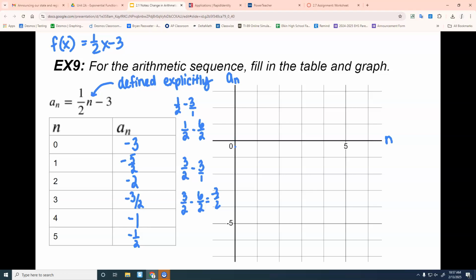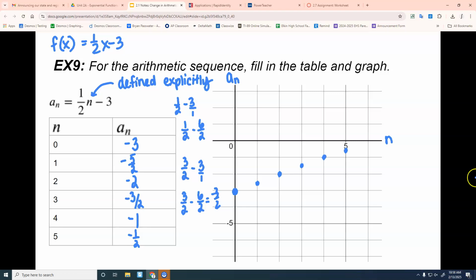And so I would graph the points. 0, -3 is right here. 1, -5/2 right here. 2, -2. 3, -3/2. 4, -1. 5, -1/2. Okay. We do not draw a line through it because it is not a function, it is a sequence here.